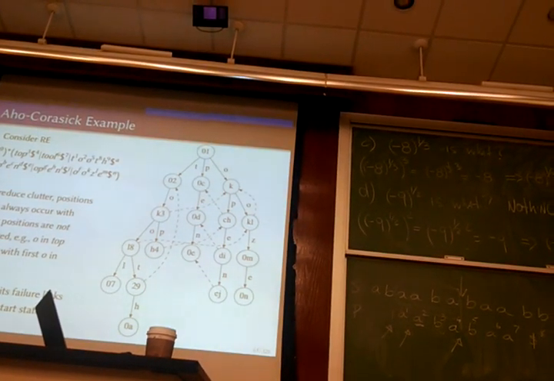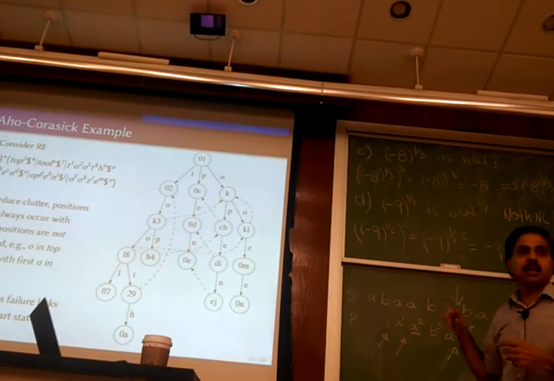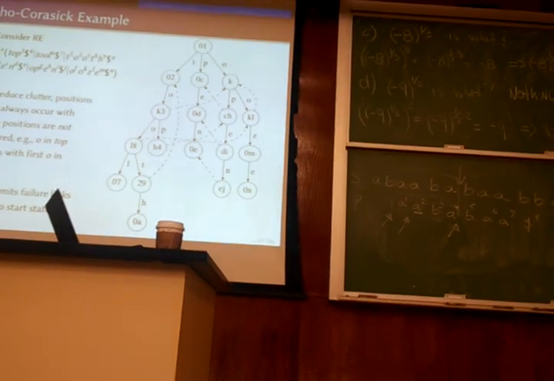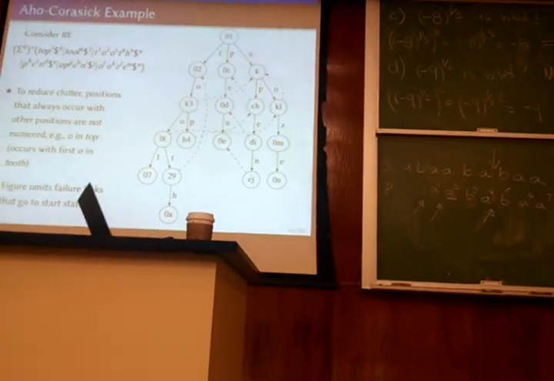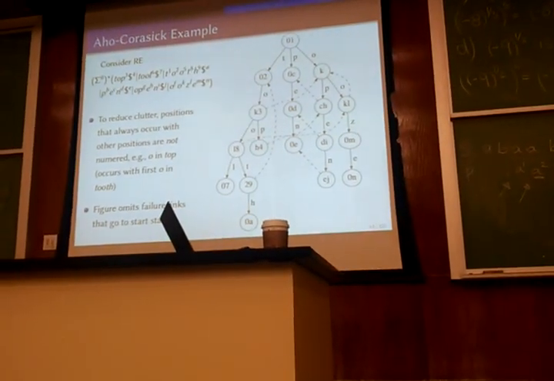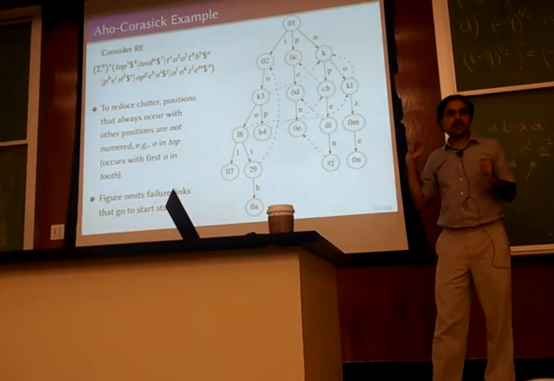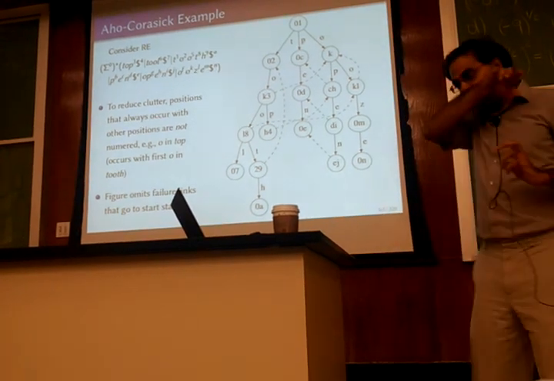Same way, if you look at the O in top, that O is always going to occur with the first O in tool, and the first O in tooth. So again, to avoid clutter, I just give all three of them just a single number. Okay, that's why you see some positions are missing numbers, because they are essentially there. Okay.